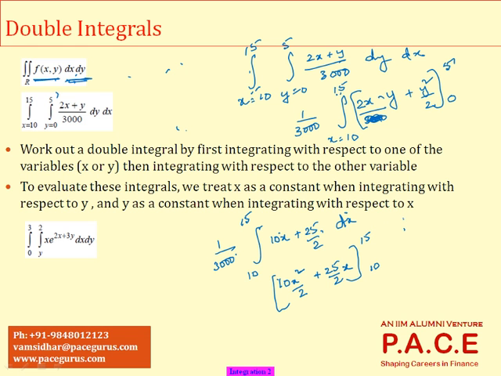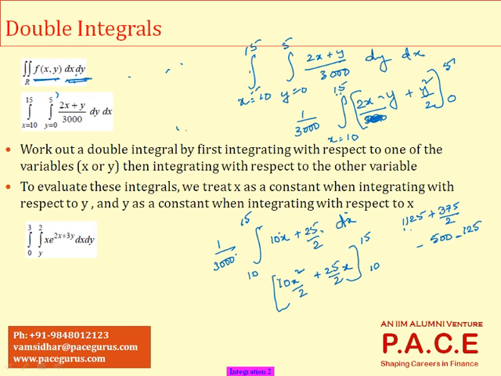So 5 into 225 is 1125 plus 25 by 2 into 15, whatever it is, 375 by 2 minus 5 into 10 squared, 500 minus 25 by 2 into 10, minus 125, whatever it is.